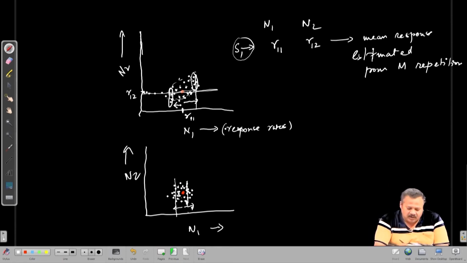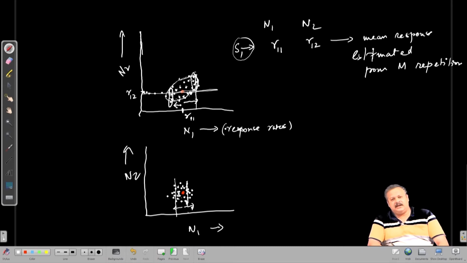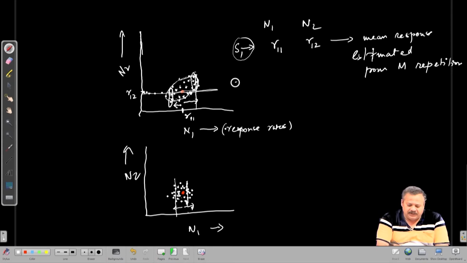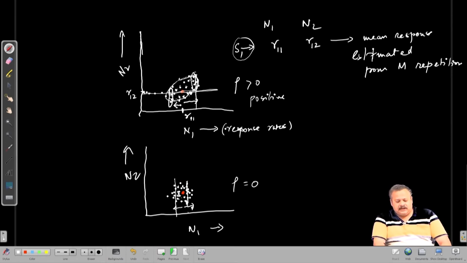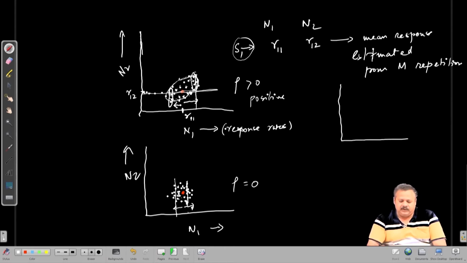So, if we look at the correlation coefficient of the pairs of responses in this scenario, the first case that we were drawing, we will see that the correlation coefficient rho is going to be significantly greater than 0, or it is positive. Here our rho is effectively 0, and so they are not correlated. Similarly, you can think of the remaining case where we have negative rho.